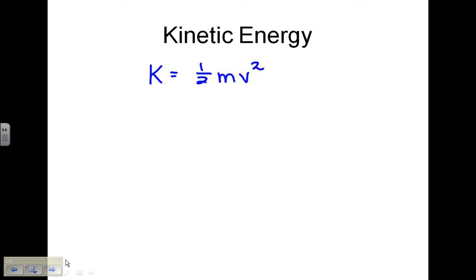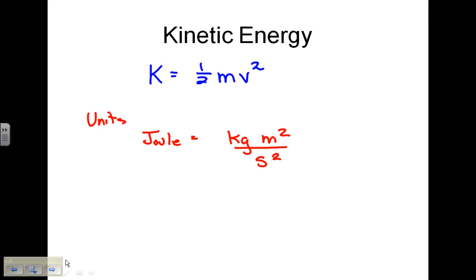Let's look at the units for this. The mass has to be in kilograms, and when velocity is squared, we get meters squared over seconds squared. Does that look familiar? It's a joule, which is when you do work, you apply a force over distance, it's in joules, and so is kinetic energy.